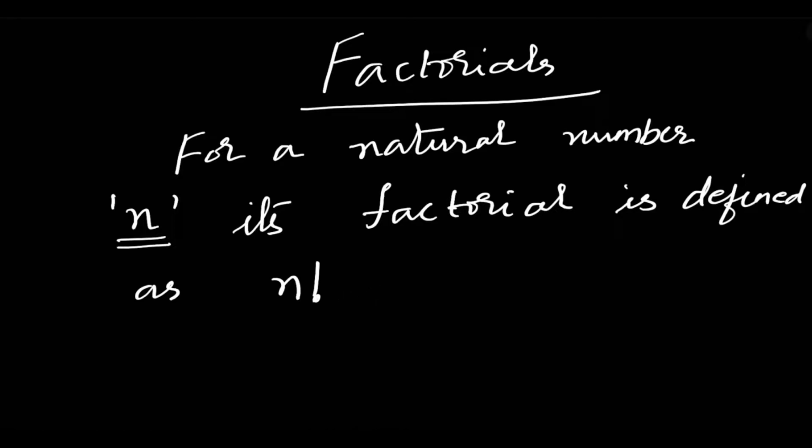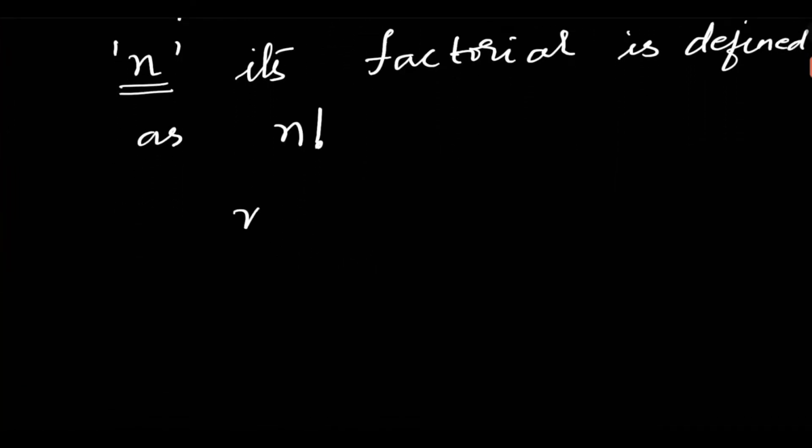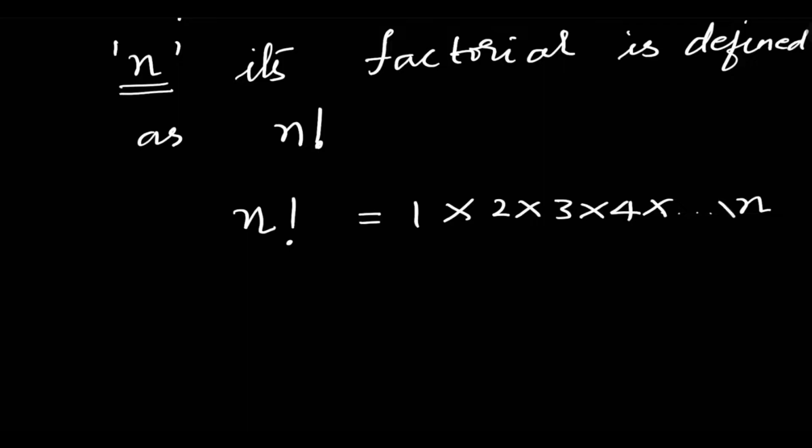So n factorial is equal to 1 into 2 into 3 into 4, and it goes on until n. This n may be any number, either 10, 20, 40, 100, 1000, whatever. So whatever number you consider, that number's factorial is nothing but 1 into 2 into 3 into 4, like that it goes on until the same number you have considered. That is the factorial of that number.